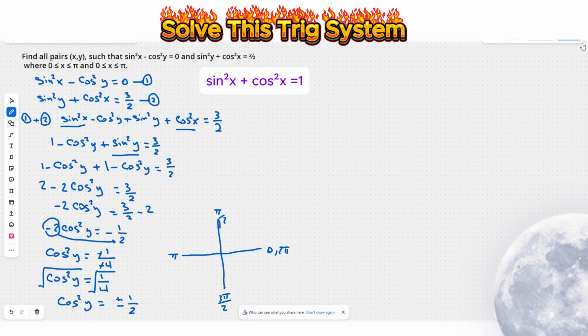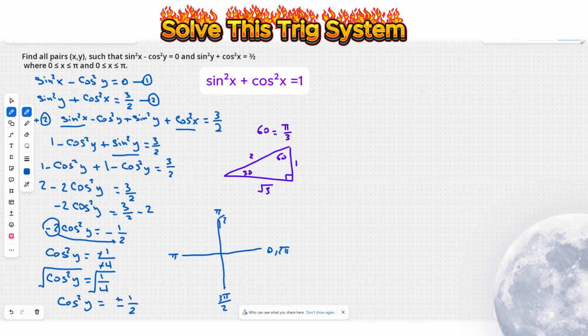Also, another thing we should remember is the special angle triangle, the 30, 60, 1, √3 over 2. So the angle that has a cos of 1/2 is definitely 60. And 60 in radians is the same as pi over 3.